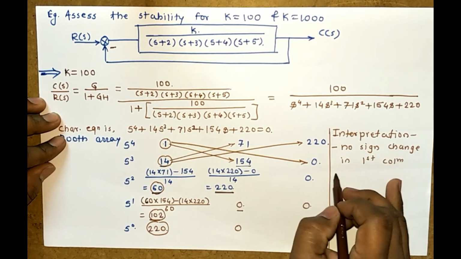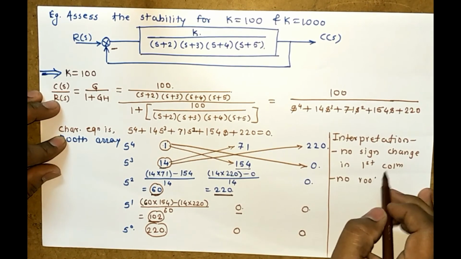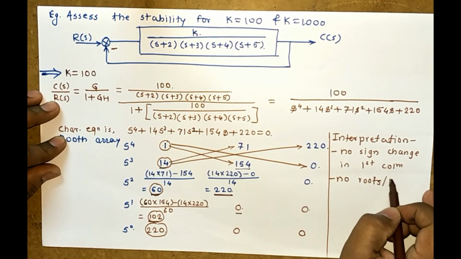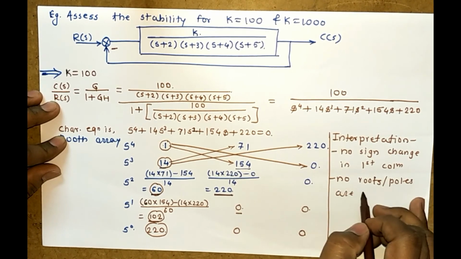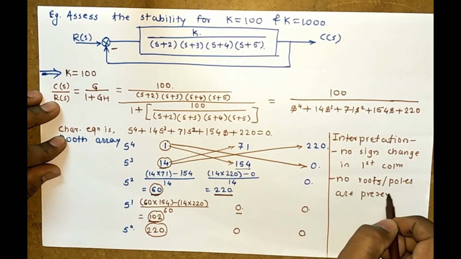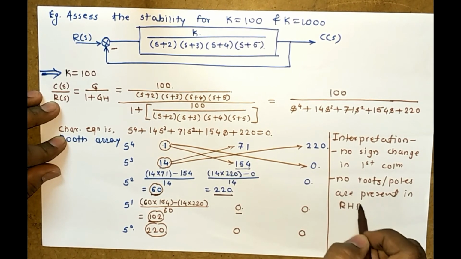So no roots are present in the right hand side, so no roots or poles are present in the right half plane. So the system is stable.